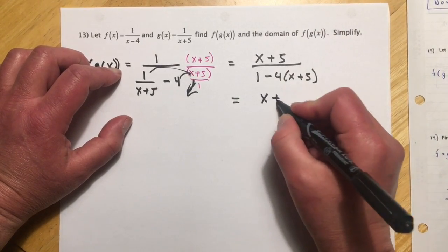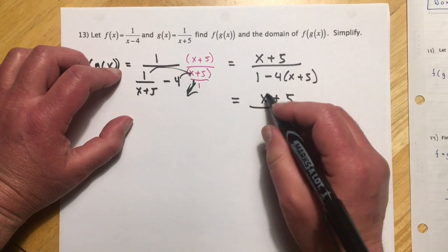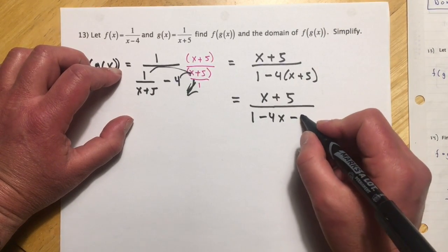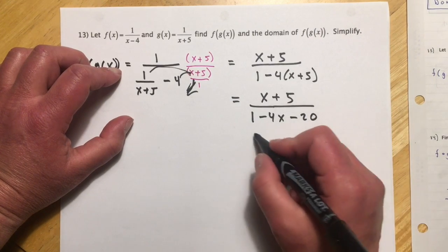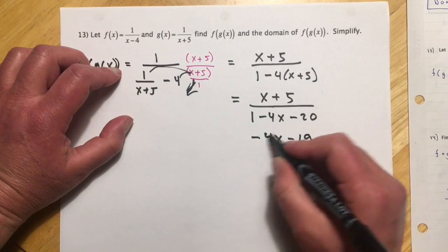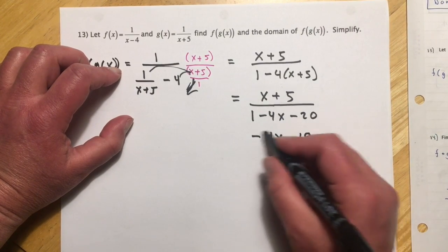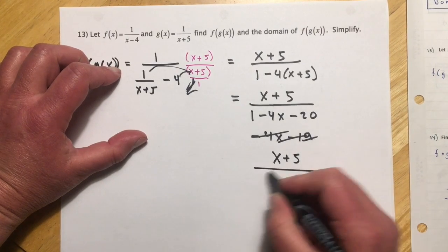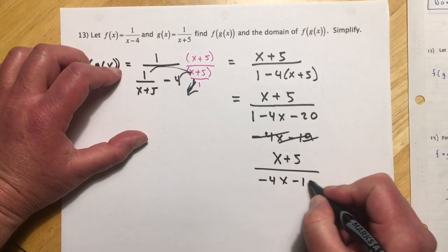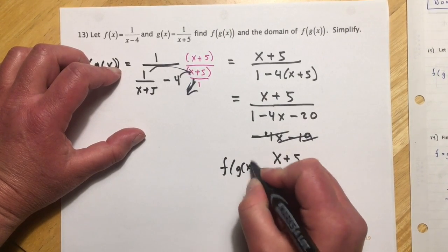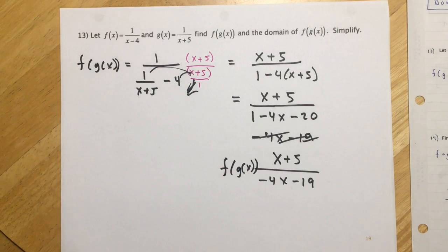So that's going to be x plus 5. And then 1 minus 4x, and then that's minus 20. So that is minus 4x minus 19. Oops, I didn't really leave myself enough room. Let me scratch that. x plus 5 over minus 4x minus 19. So that's my f of g of x. Didn't write so good that time.